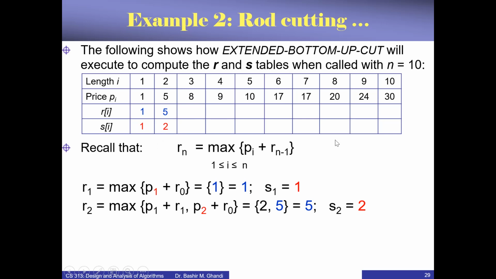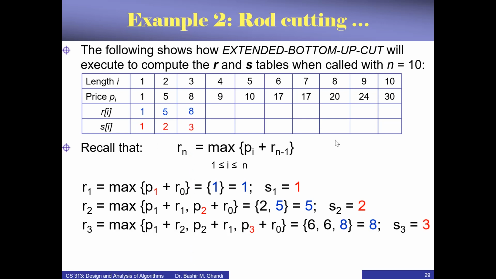Okay. Next one, for n equal to 3, we have 3 possibilities: P1 plus R2, P2 plus R1, and P3 plus R0.